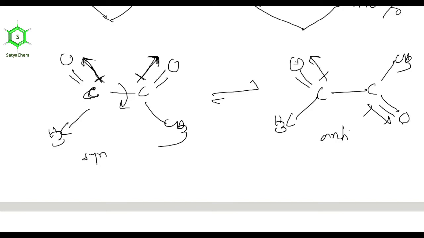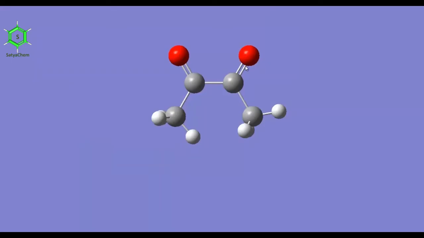Clear? So that is why the keto form is very much more stable than the enol form, because here a syn form gets converted into anti-orientation. In anti-orientation, it is very stable. Now I am going to show you how rotation is possible. These two carbonyl groups are on the same side, so these are in syn orientation.